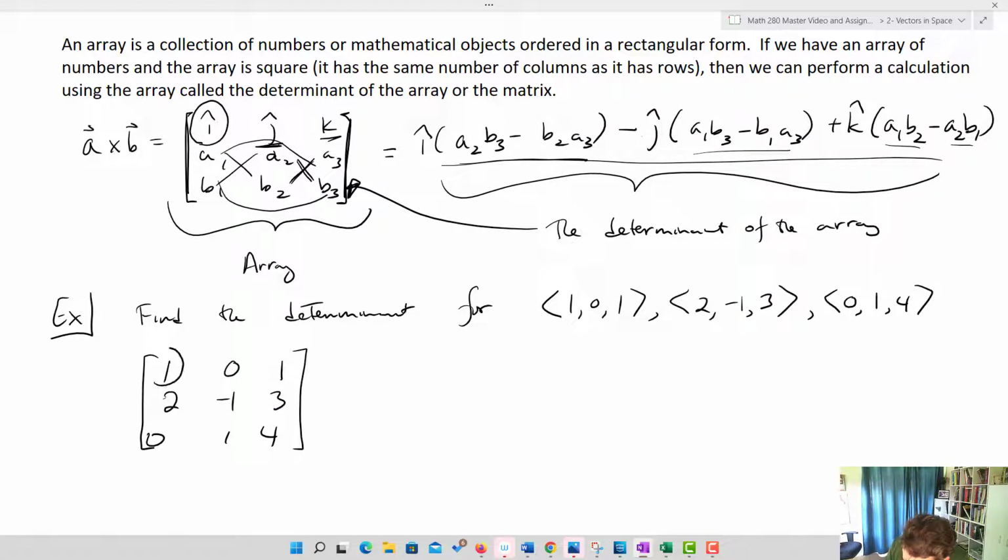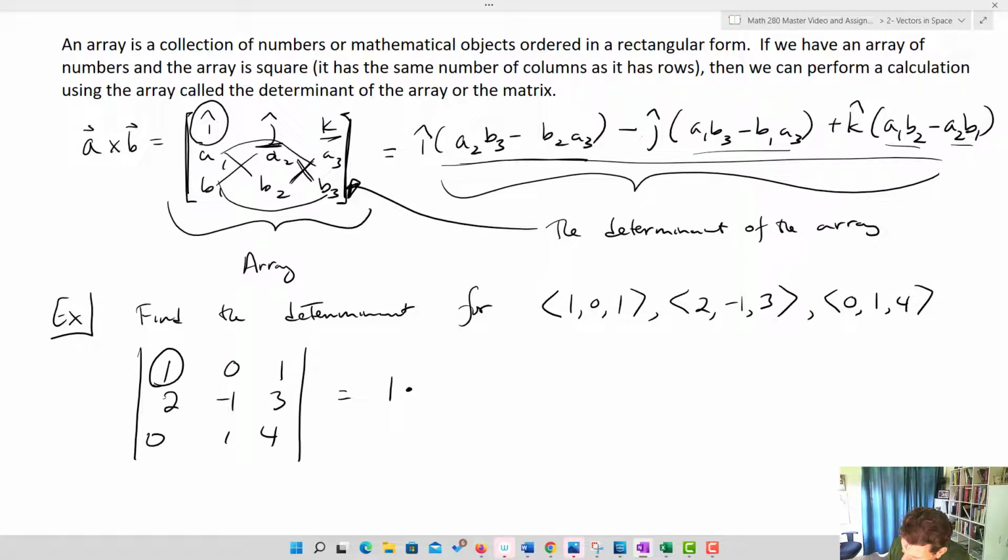Then, just like in the cross product, this is going to equal 1 times, and how we write the determinant is we take the array and use the absolute value signs. That's our notation for the determinant.